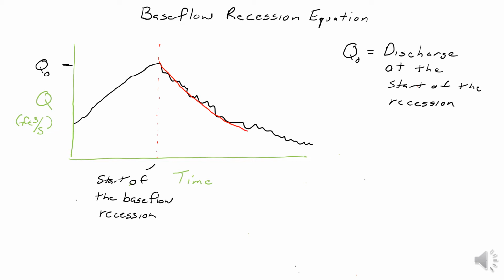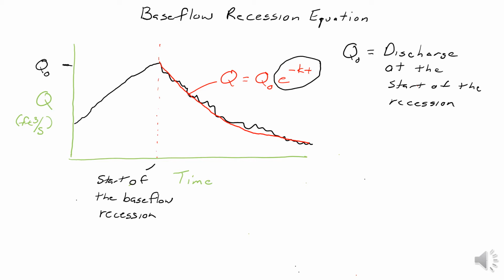And what we do is we try to find a mathematical expression that represents a best fit to what we see naturally. And that's where we have this Q equals Q naught e to the negative KT.